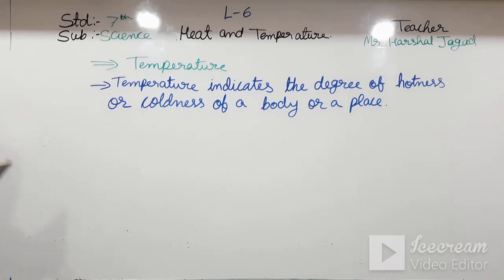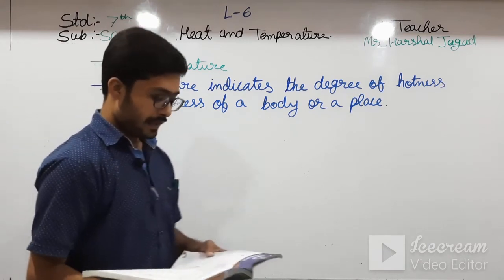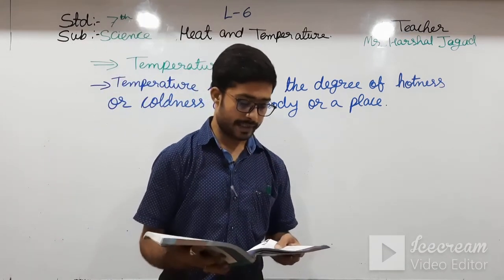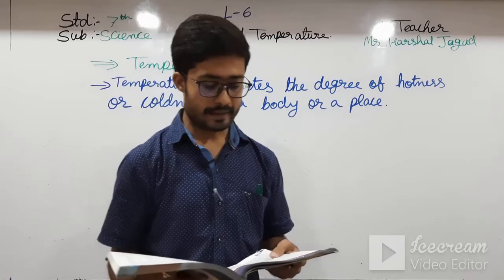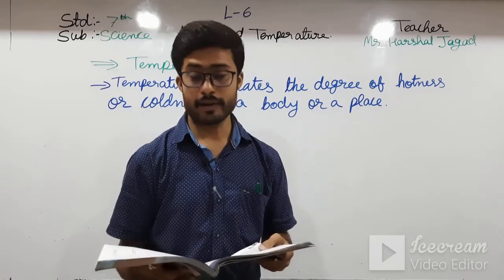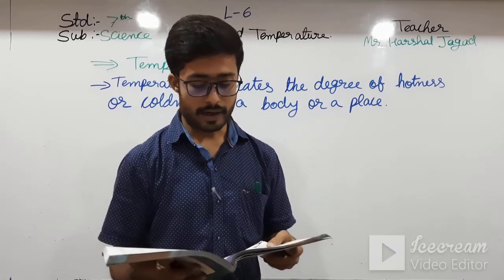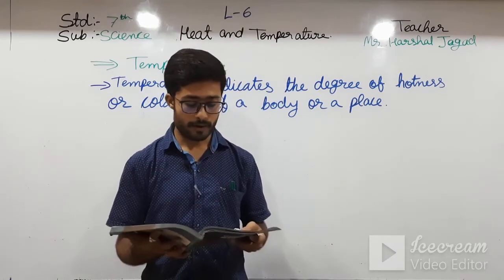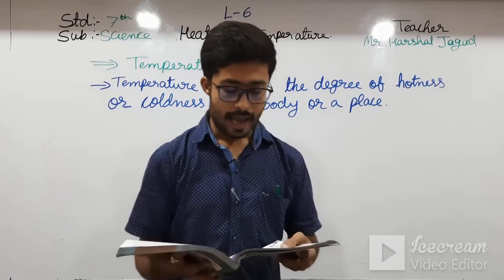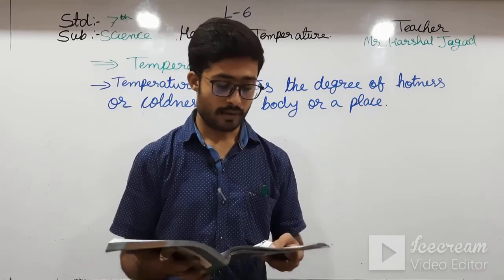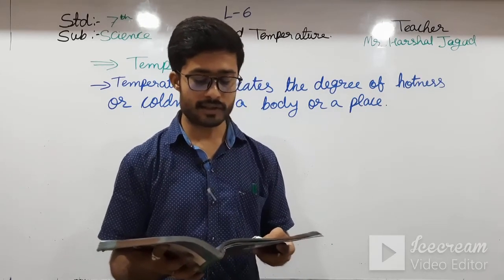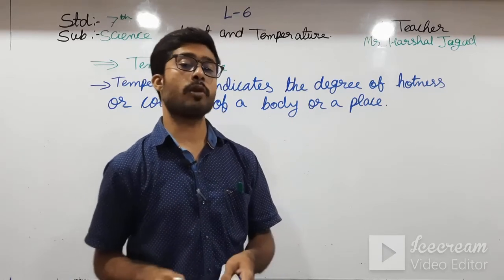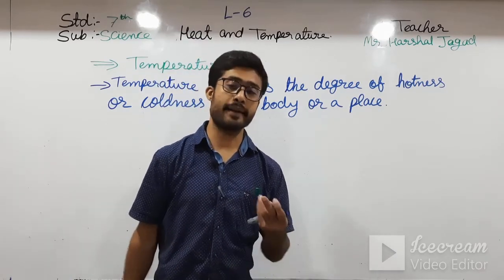Let us see that activity first. The aim of the activity is to show that classifying things as warm and cold by touching is unreliable. Material needed: ice cold water, hot water as hot as you can tolerate, and water at room temperature, in 3 glasses. We have to take 3 glasses.